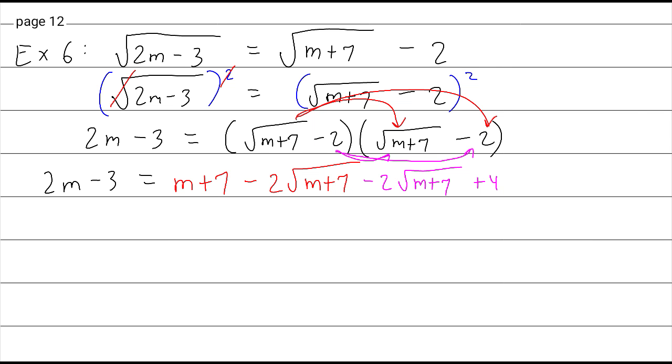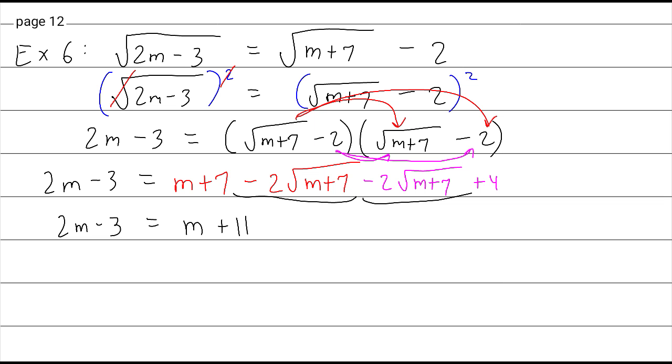Okay? And so now, let's combine like terms to clean that up. And see that that actually does make the problem easier. Okay, let's see. M, there's no other m's outside, so that's going to stay there. 7 plus 4 is 11. Negative 2 square root of m plus 7, negative 2 square root of m plus 7.